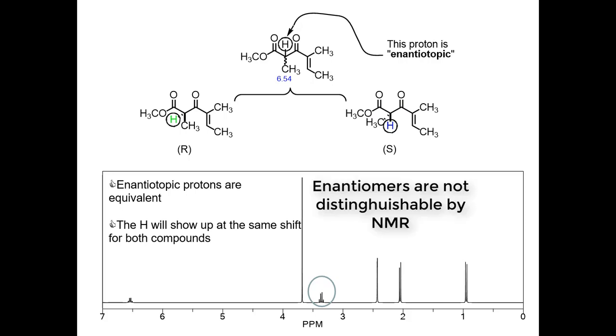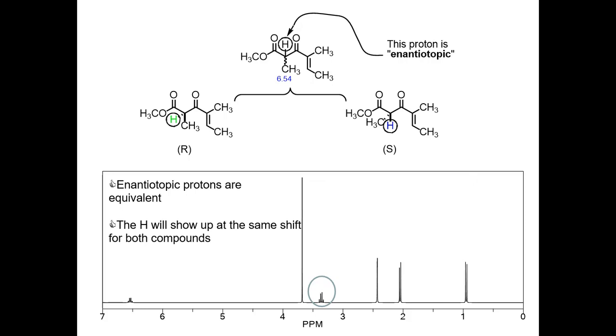And because it's on the chiral center, and you get an enantiomer based on whether that chiral center is up or back, those two enantiomers don't show up as different signals in the NMR, right? Only diastereomers and diastereotopic protons show up as separate signals.